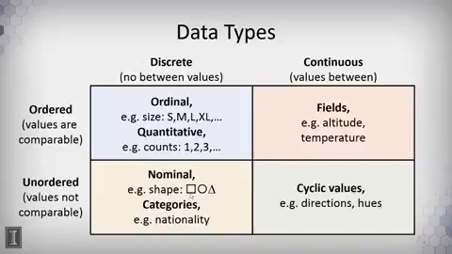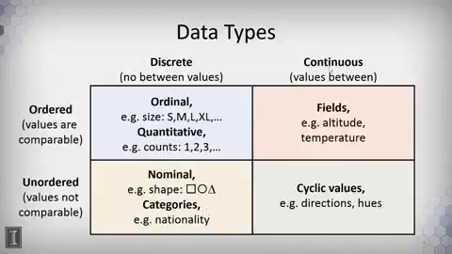Things like shapes are examples of nominal data. They're not ordered. A square, circle, and a triangle, you wouldn't say that the square is greater than or less than a circle because there's no order between them. You could have categories, different nationalities, or other categories for data that may not necessarily be comparable.